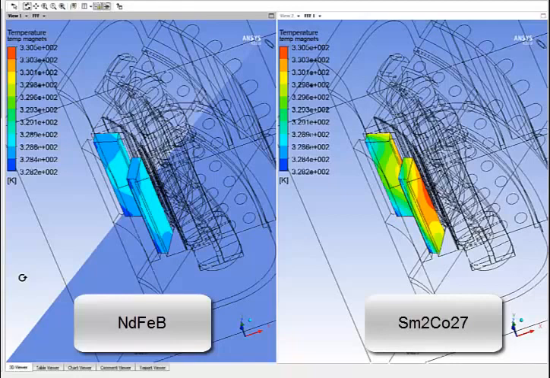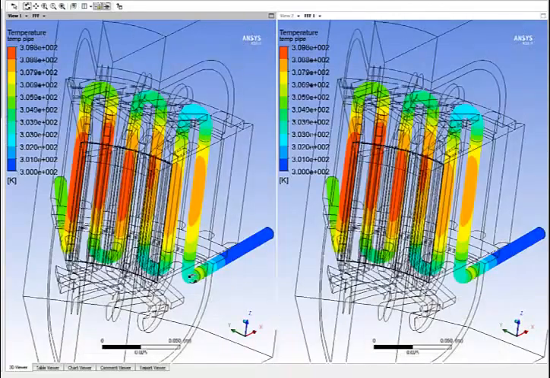No, because the magnetic properties of the two materials can be very different and have very different dependency upon temperature. In the same way, I can look at the temperature of the liquid coolant for the two cases, and as you can see, the temperature is pretty much identical.